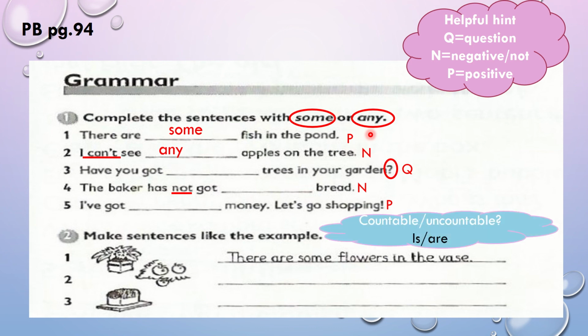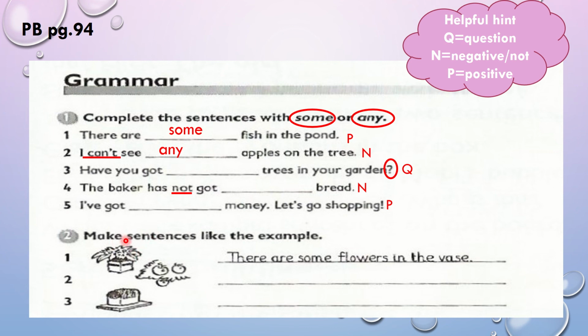Have you got any trees in your garden? The baker has not got any bread. I've got some money. Let's go shopping. Please finish question number 3, 4, and 5 by yourself.